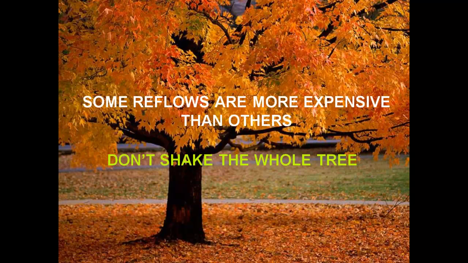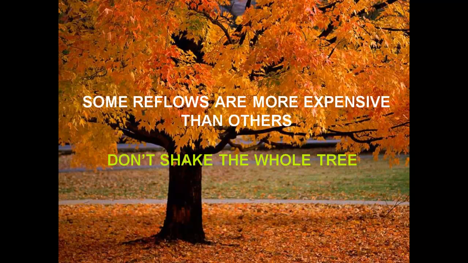Let's say you're touching a div tag that's close to the top of the tree, the root of the tree, and now you've invalidated it. Now the rendering engine has to go through and rebuild and reanalyze everything below it. So in some cases, if you can avoid that whole tree shakeup, definitely do it.